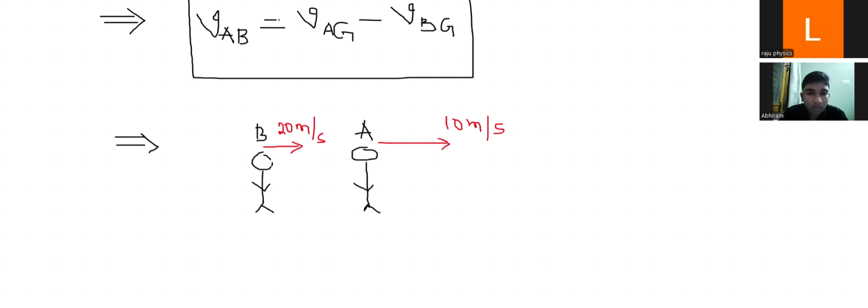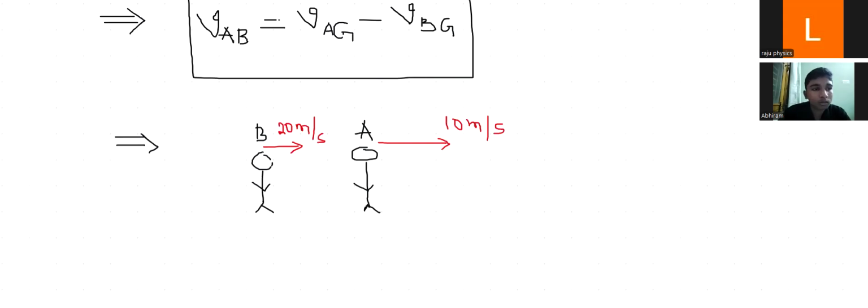What is the speed of person A? 10 meters per second. What is the speed of person B? 20 meters per second.